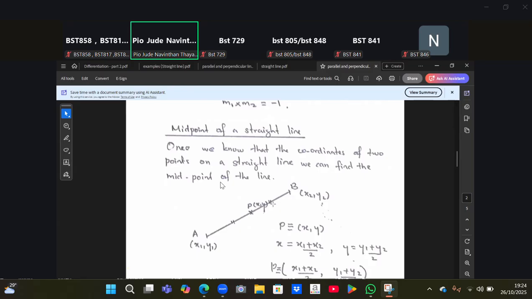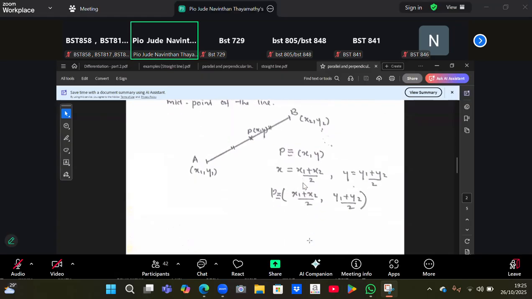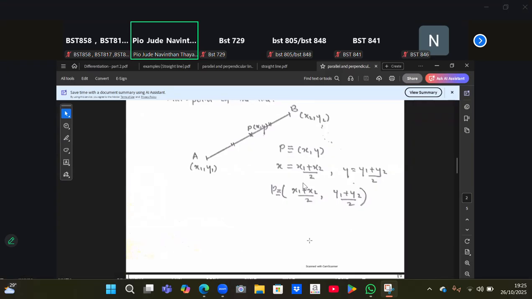This piece of straight line, in a mathematical way, is called a line segment. In this line segment AB we need to find the midpoint. The midpoint is x1 plus x2 by 2, y1 plus y2 by 2.